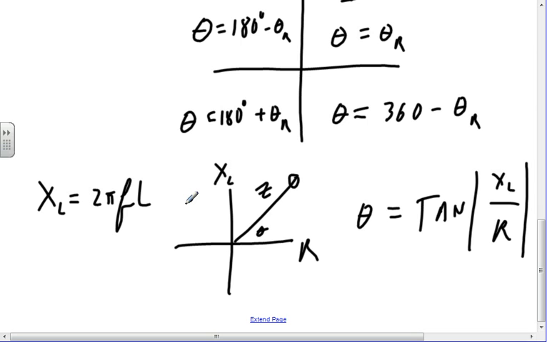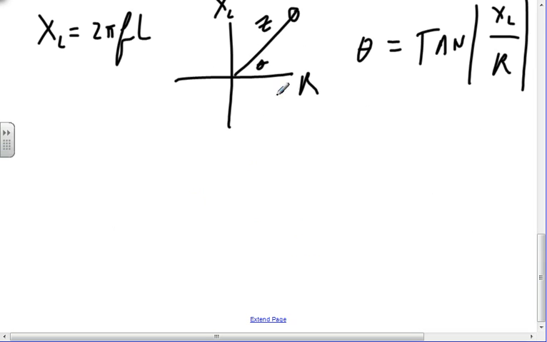Okay, there's some phase shift associated with this. That phase shift is that angle theta. So that impedance is causing a phase shift. V is still equal to IR. Voltage is equal to current times impedance. That impedance has an angle associated with it.